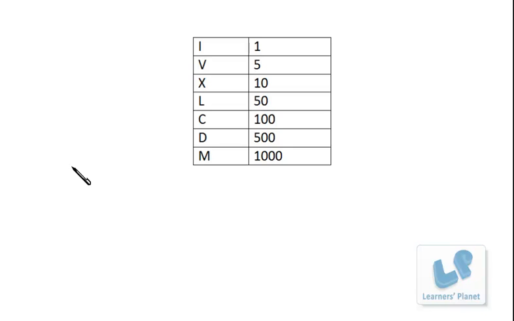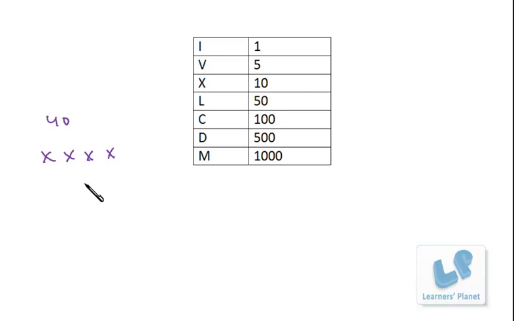Now let's write the numbers from 41 to 50 in Roman numbers. Okay, now 40 is what? It's 4 times 10. But we cannot repeat X more than 3 times. So we cannot write X, X, X, X. So what we do is we will deduct 10 from 50.